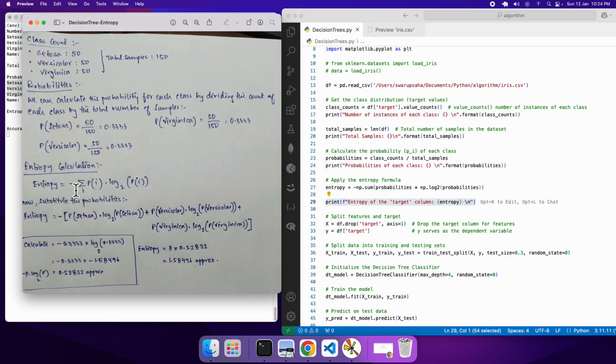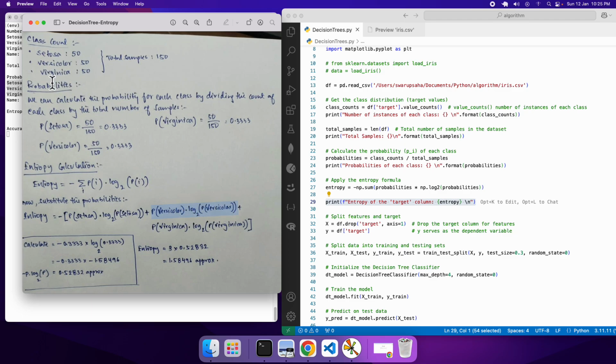If you look at this formula, you have to implement it for all of these classes. So it would be somewhat like this: minus probability of Setosa into log of probability of Setosa base 2. This is for the Setosa, plus, because summation is there, probability of versicolor into log of probability of versicolor base 2.